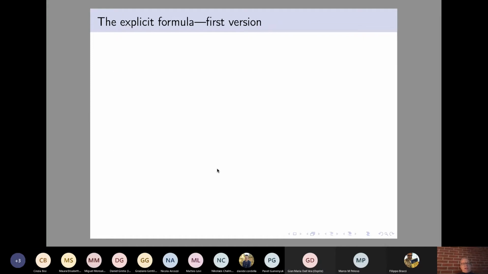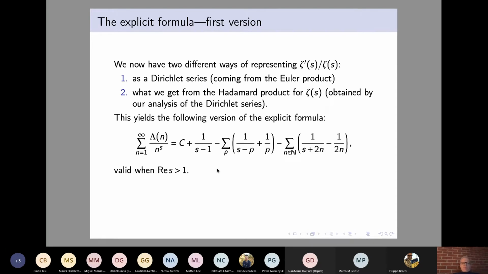Okay, so now we come back to the connection between zeta zeros and the primes. So I give you what I refer to as the first version of this. What we have so far are two different ways of expressing the logarithmic derivative of zeta, so zeta prime over zeta.